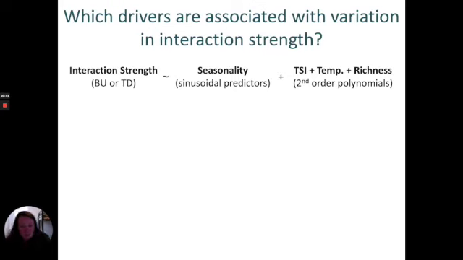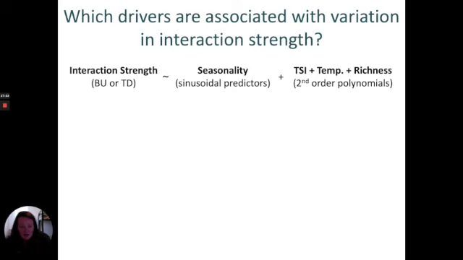Okay, so now we have this continuous variable that tells us about the strength of species interactions, and now we're interested in what predicts the strength of those. So we looked at both seasonality, so these are the sine waves that were included in the model, and then some particular environmental variables.